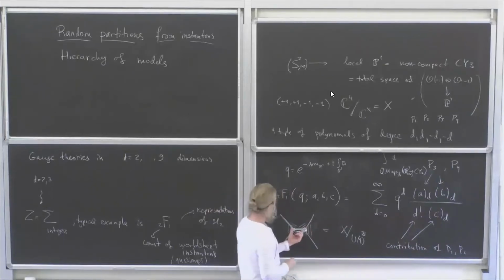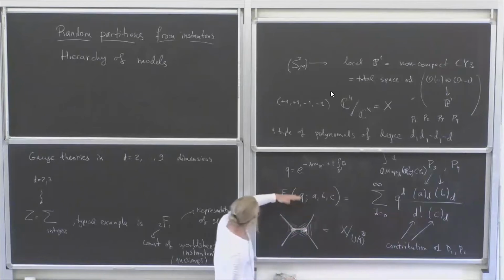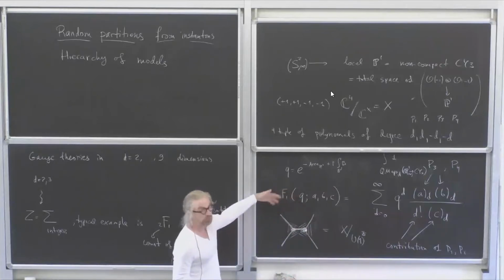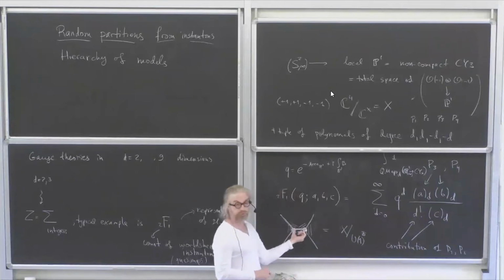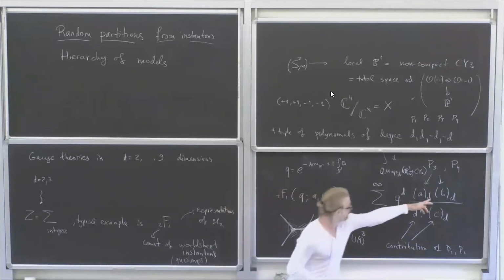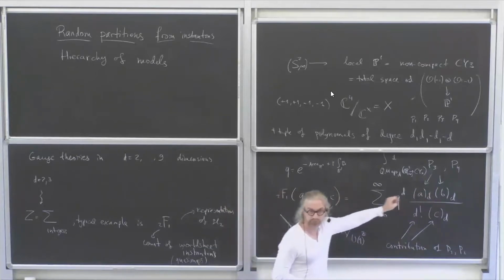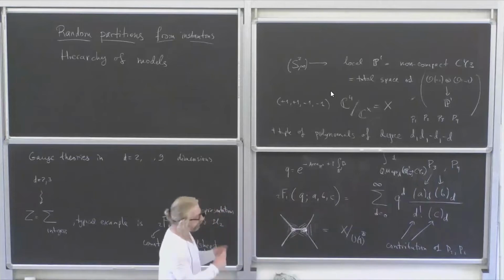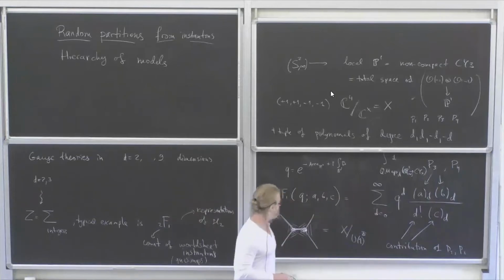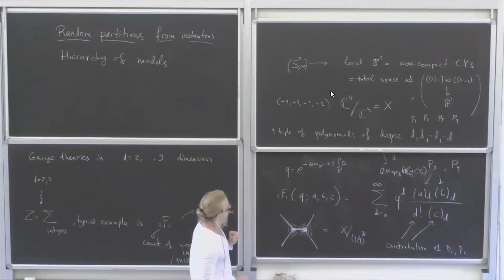And so the two local solutions of the hypergeometric equation correspond to these two vertices. The other one will be obtained by a simple reshuffling of parameters A, B, and C, and multiplication by some powers. So that's a simple manipulation.